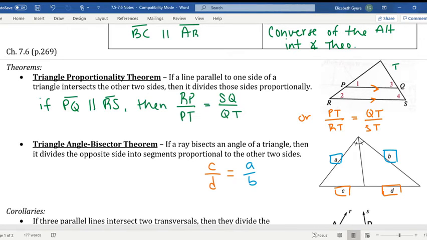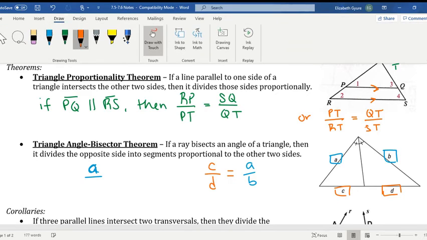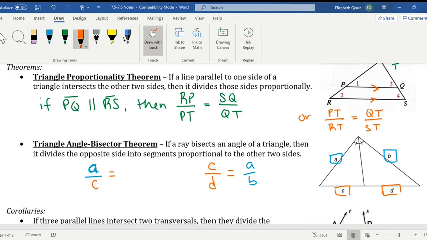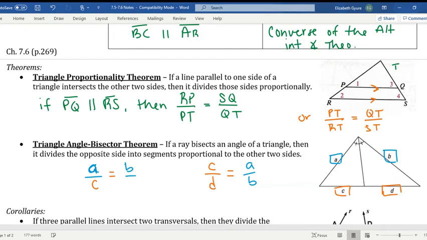And because of how our proportions work, this is again not the only way you could set this up. We could just as easily say A to C is equivalent to B to D, I'm sorry, B to D. Or flip that around in a variety of different ways.